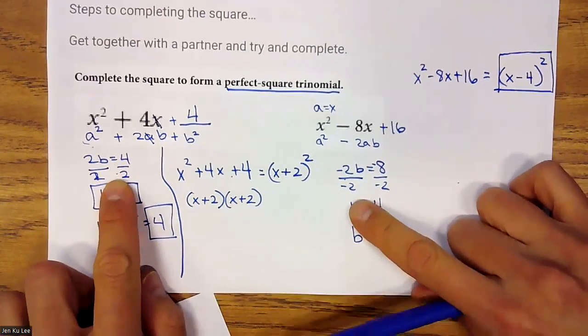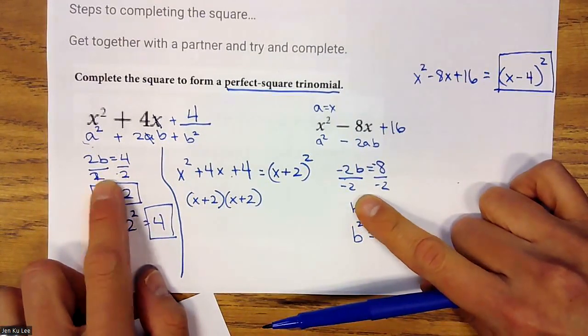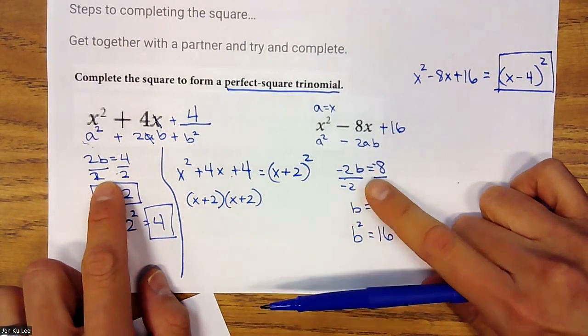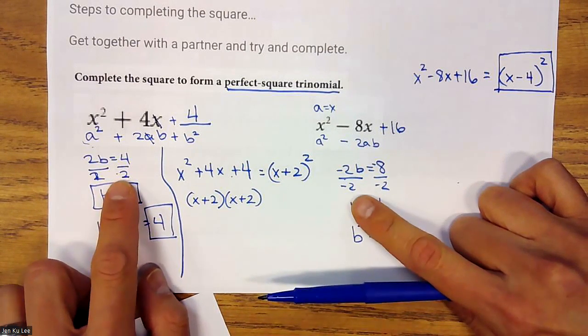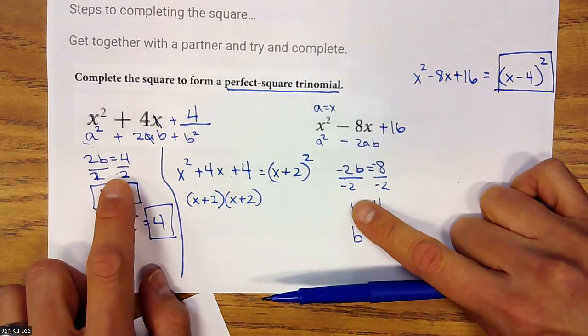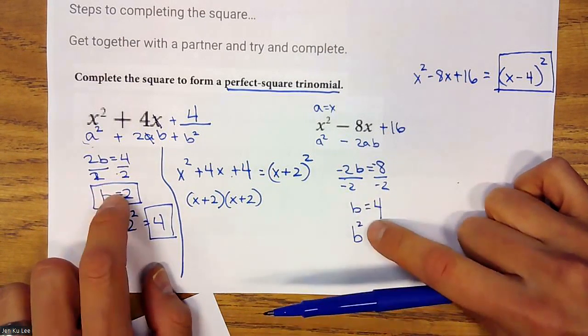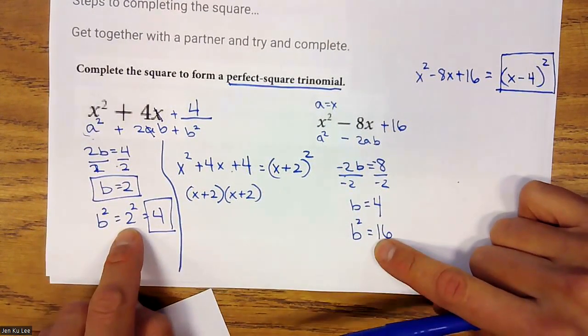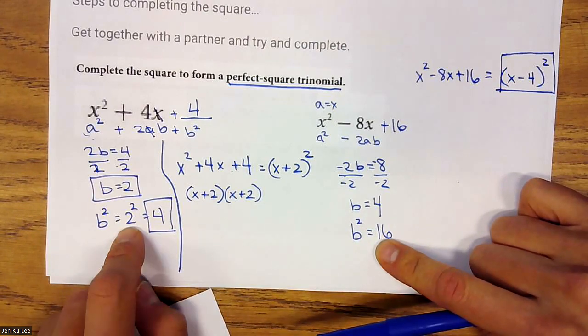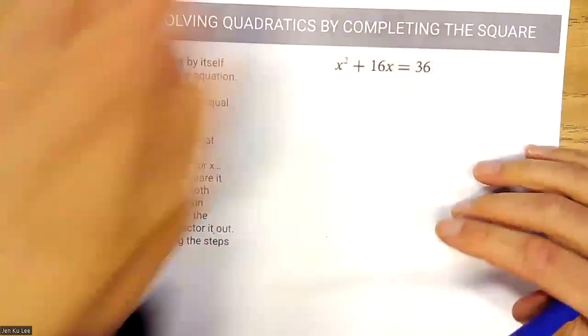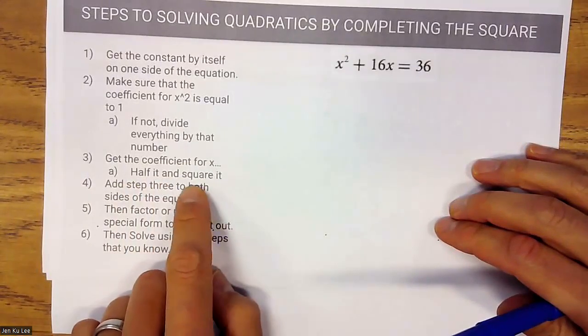I divided it by 2 for both. I divided it by 2, right? Negative 2 in this case, but the negative and positive, it'll work itself out. Okay, so don't worry about that. We halved it, and then we squared it, right, to get b squared. Yeah? So that's where this comes into play.